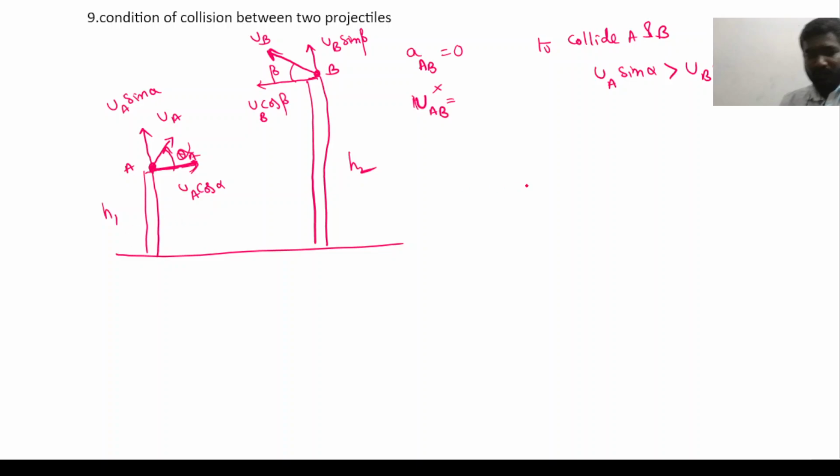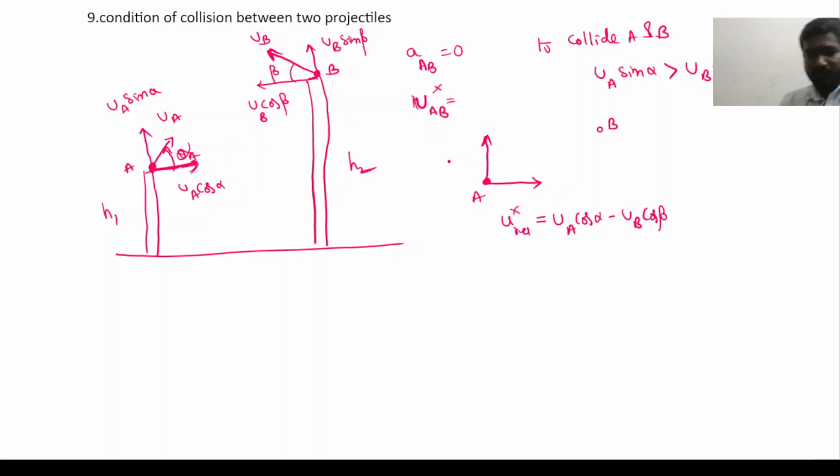Okay. Now, the point of projection of A and the point of projection of B. Take the relative velocity of A with respect to B. Along the x direction, U relative equals UA cos alpha minus UB cos beta, because both are opposite to each other.